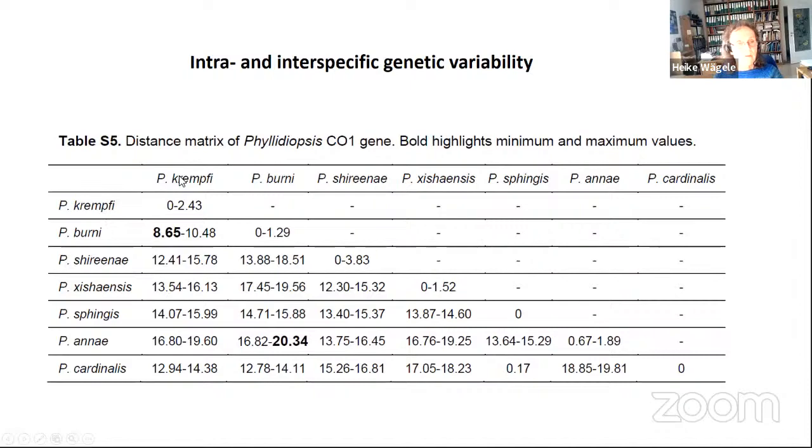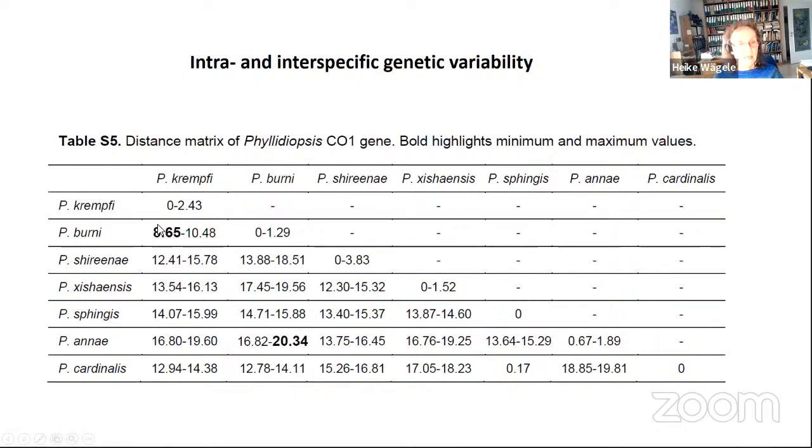When we compare now Phyllidiopsis krempfi with Phyllidiopsis burni, that's another species, we have here about 6 different specimens, so we have to calculate from each specimen here to each specimen of burni.